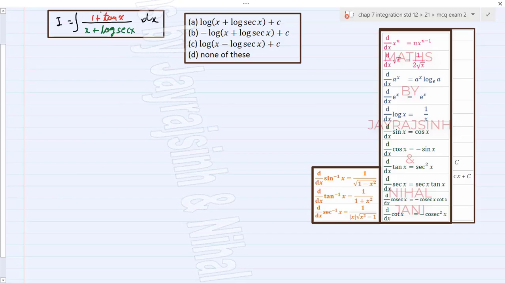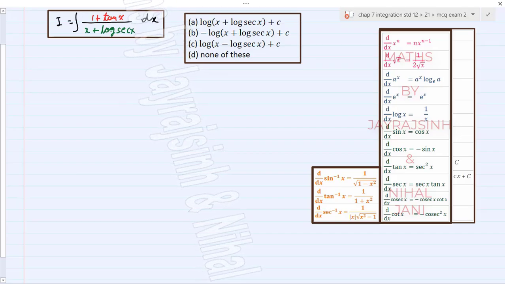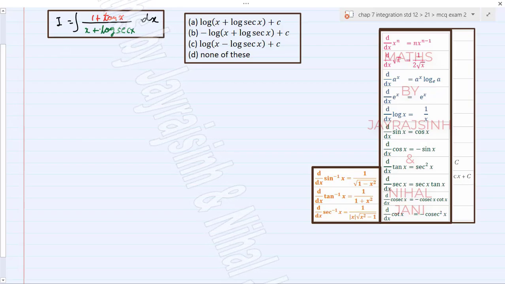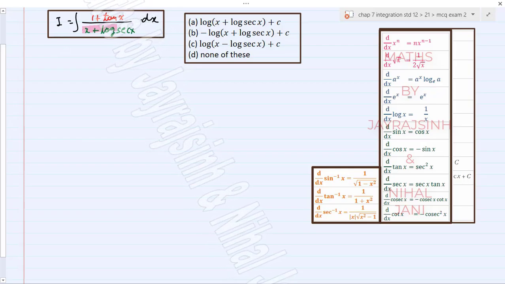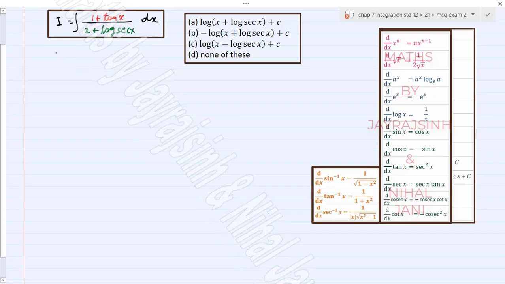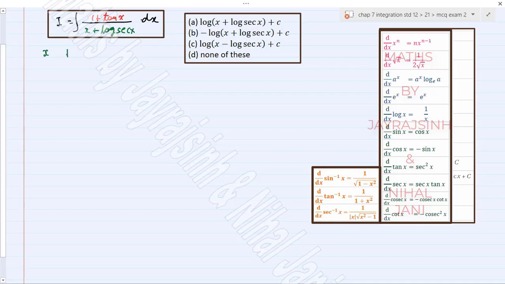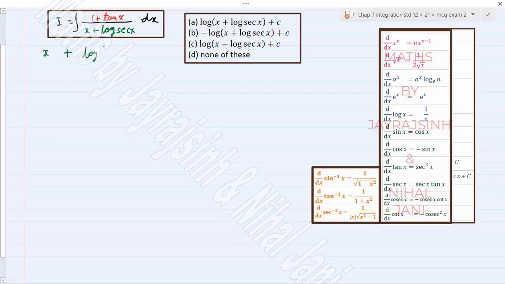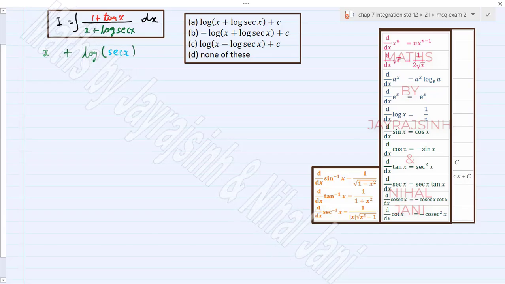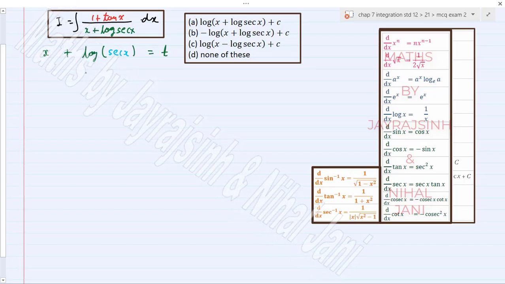Here we have to integrate 1 plus tan x upon x plus log mod sec x. As you can see, we have the differentiation of the denominator in the numerator. So let's assume our denominator, which is x plus log mod sec x, is your t.